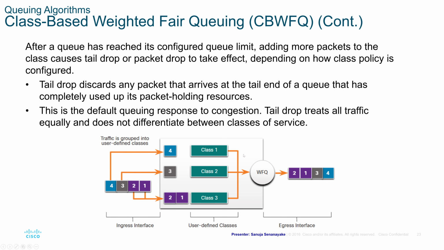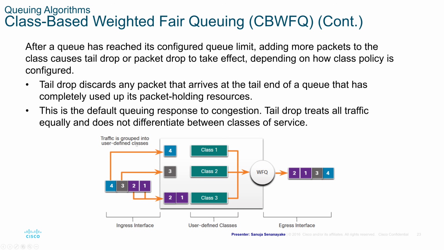After a queue has reached its configured queue limit in this CBWFQ situation, adding more packets to the class causes tail drop or packet drop to take effect, depending on how the class policy is configured. The tail drop discards any packet that arrives at the tail end of a queue that has completely used up its packet holding resources.